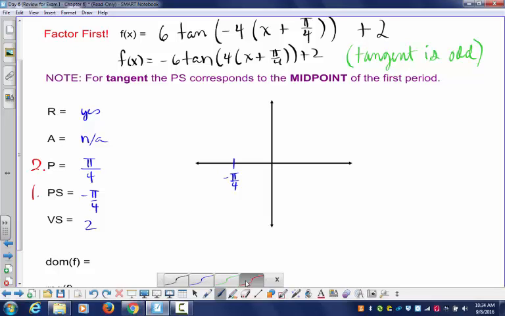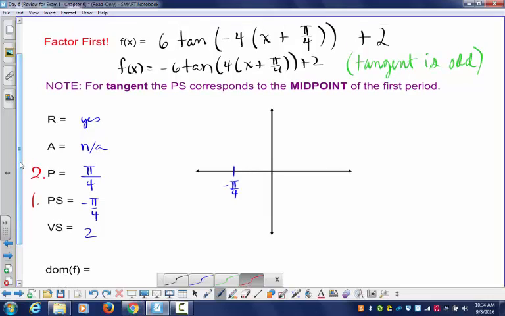Now, for every function other than tangent, we add the period to the phase shift. The other 5 functions, we add the period to the phase shift to get to the right endpoint. But for tangent, the phase shift corresponds to the midpoint of the first period.